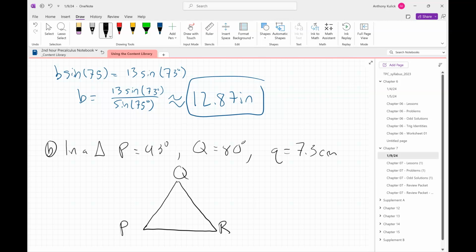And then I have to label my side lengths. So remember that side P should be opposite angle P. Side Q should be opposite angle Q. Side R should be opposite angle R. And then I'm going to label.